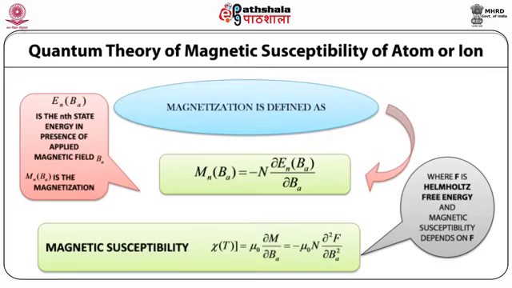The magnetic susceptibility depends upon the Helmholtz free energy F. Of course, in thermal equilibrium at temperature T, the thermal average of the magnetization of each excited state En as a function of Ba is given as the magnetization, as we have written down here.